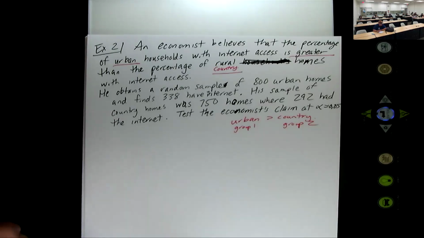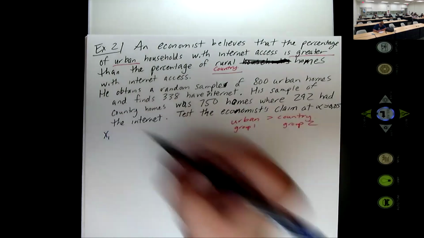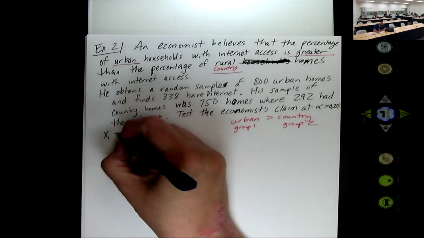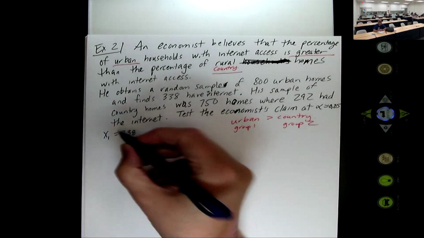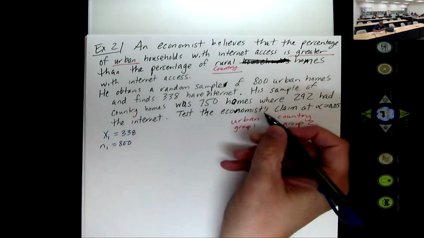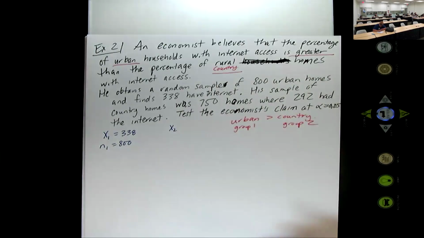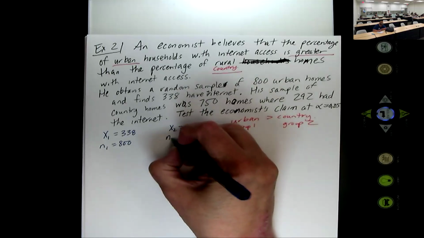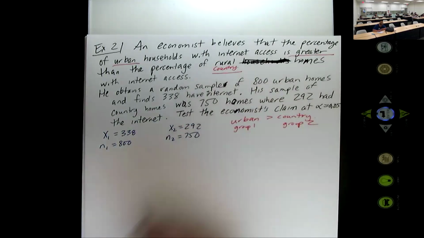This means my X1 is the number of urban homes that had internet, 338, and N1 is 800. X2, my country homes, was 292. N2 is 750. I'm writing those down so that I have them readily available when I do StatCrunch and I'm not digging for information. You'll find that it's handy to do that.